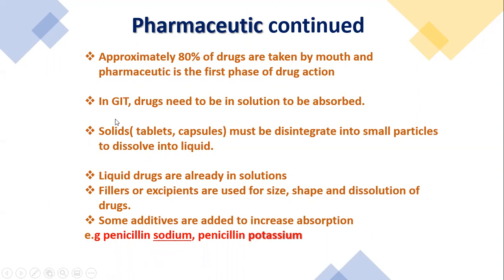The solid form, like tablets or capsules, must be disintegrated into small particles to dissolve into liquid, because a solid must be broken down, made into a solute, then go for absorption. Liquid drugs are already in solution.